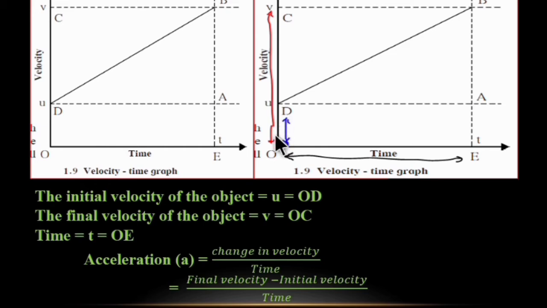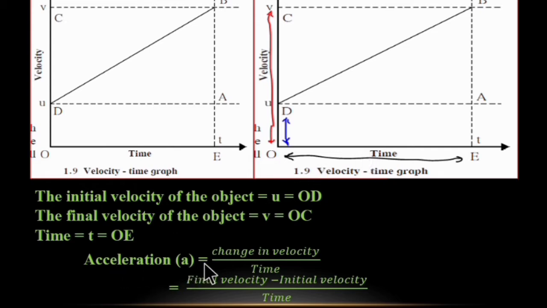This is denoted by blue pen. The final velocity of the object, v, is equal to OC. This is denoted by red pen. Time t is equal to OE. It is denoted by black pen.